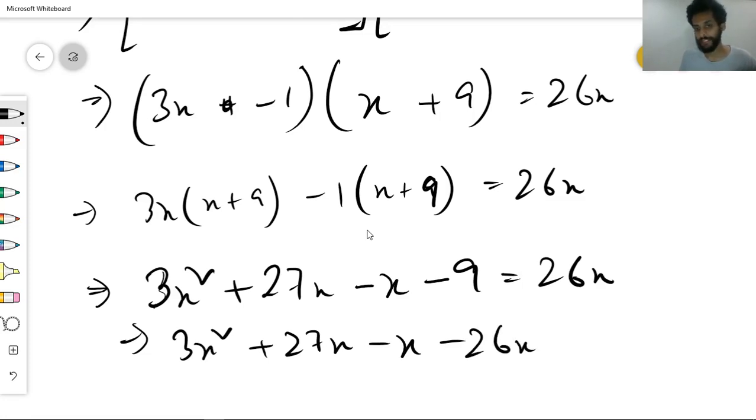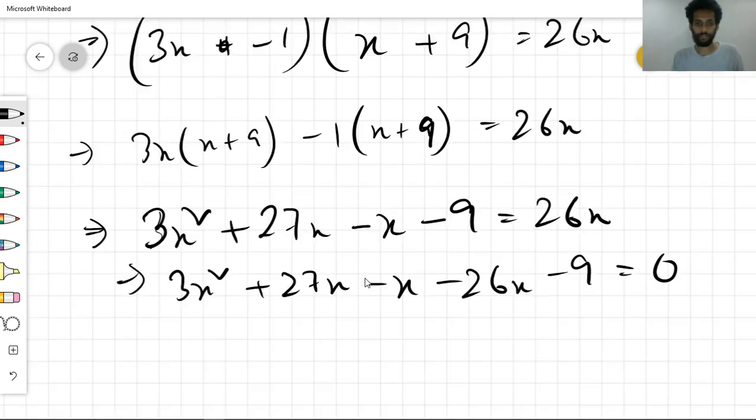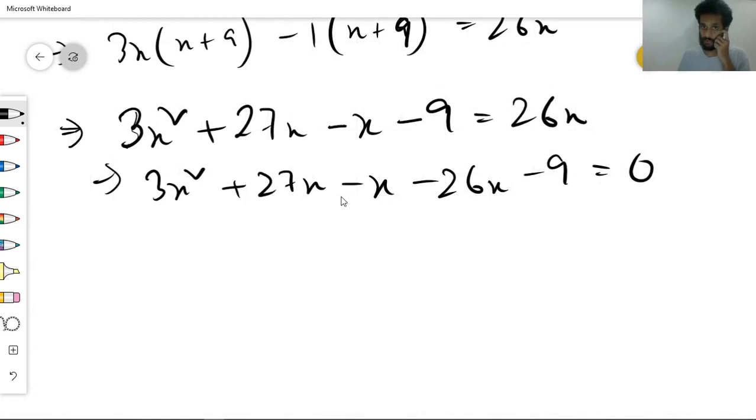I will keep this minus 9 here for this question only. I will not be bringing this 9 to the other side. Here it is 0, because we have taken everything from this side to the other side, so 0 will be remaining here.